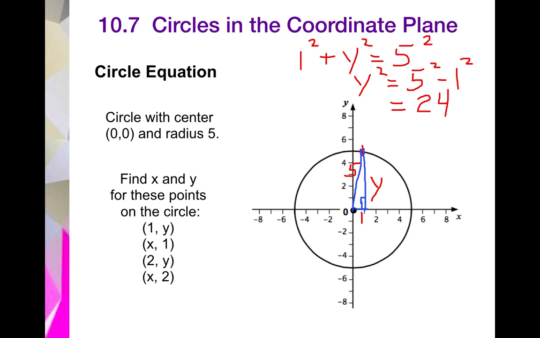And then I take the square root of each side. I get y by itself equals the square root of 24. So then that is the point here. This becomes 1 comma the square root of 24. And then I will leave it to you to come up with these other ones. I want you to take the time right now to figure out each one of these.